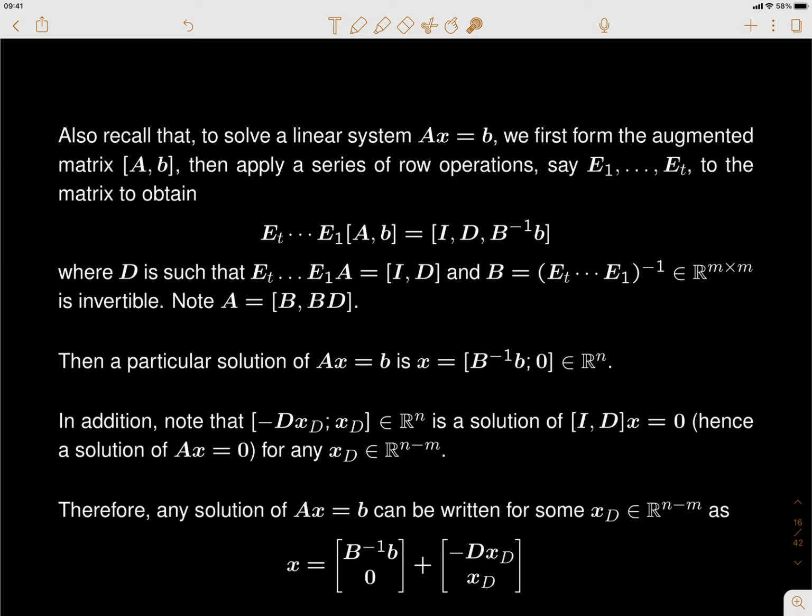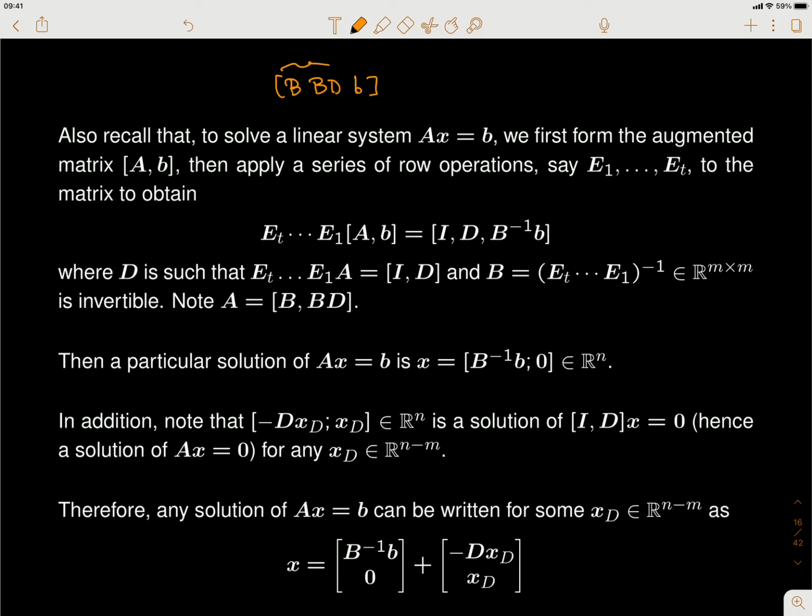All right, and since we're applying these row operations, the remaining part of this matrix, not just the first m columns but also the n plus 1 columns, will be changed. This D is what you have left. Let's call it B, BD. This is my B vector.